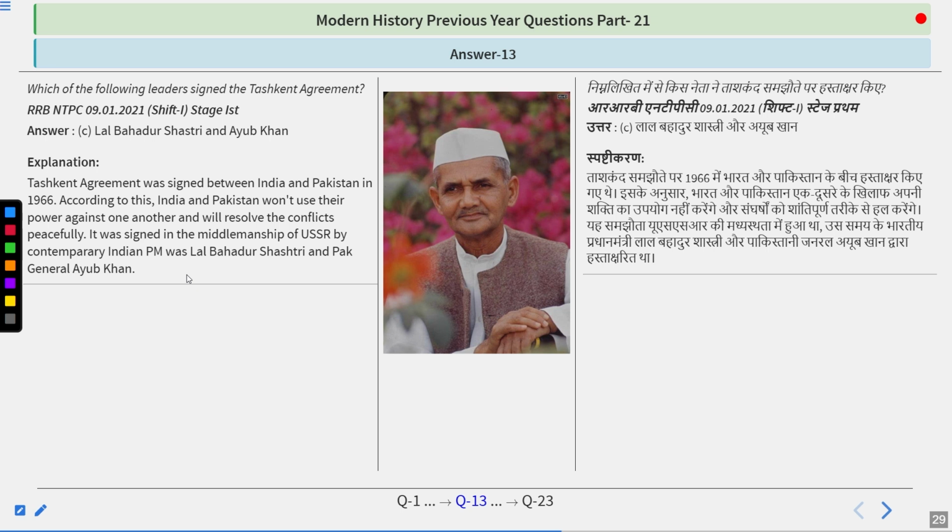And after that, Indira Gandhi rose to power as she became the first female prime minister of our country. And she remained on this post for a very long time, and her legacy is remembered by a lot of people in our country. So remember, Lal Bahadur Shastri and Ayub Khan signed the Tashkent Agreement.